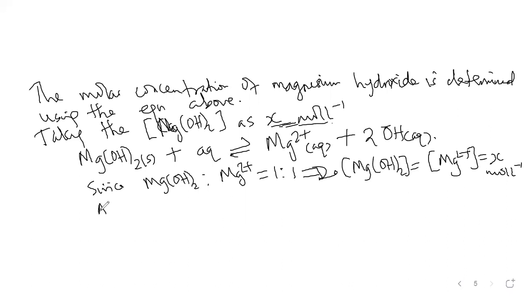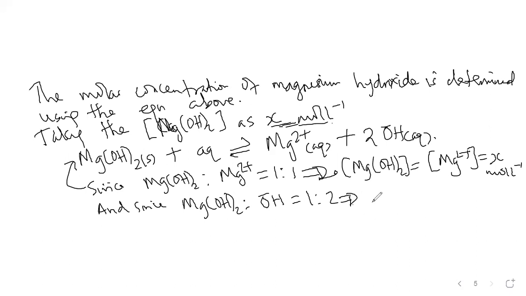And since I'm getting all this information from this equation, the molar ratio of magnesium hydroxide to that of hydroxide ions is 1:2.